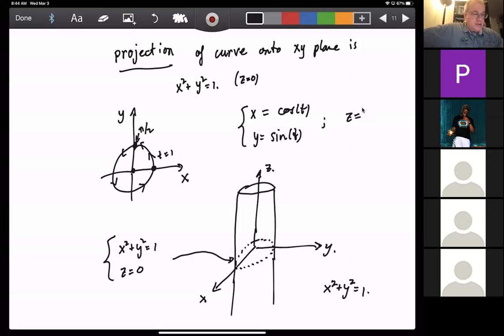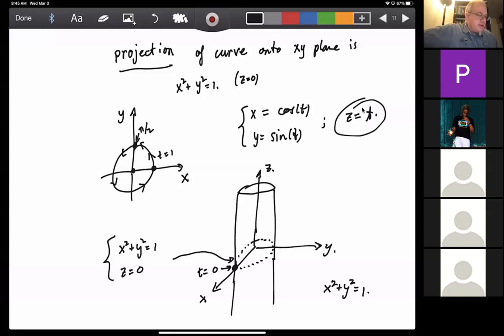What was our z component? Z was t. So when t equals 0, for instance, we're at x equals 1, y equals 0, and z is equal to 0. So now we have the point t equals 0. As t increases, we're going around the cylinder counterclockwise, but the z component is always increasing.